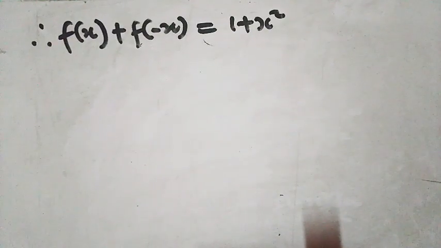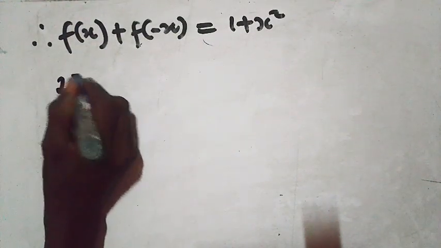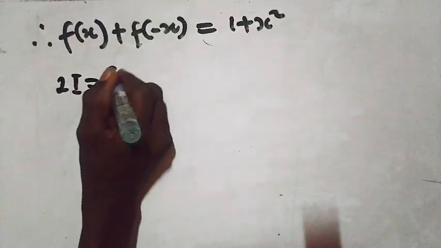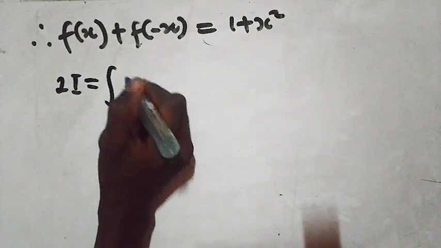So if f of x plus f of minus x equals 1 plus x squared, we now have 2I equals the integral from minus 2 to 2.